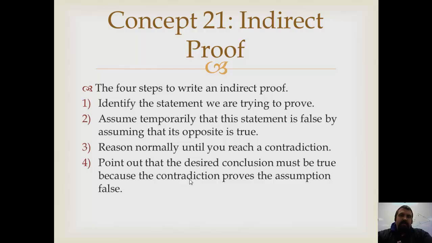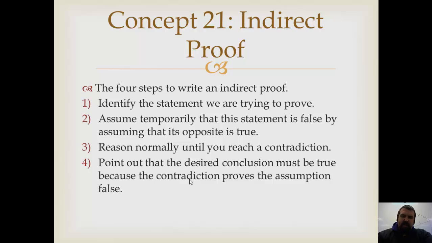You'll reason normally from that point on until you reach a contradiction. And once you reach that contradiction, you will point out that the desired conclusion must be true because the contradiction proves the assumption false. And if its opposite is false, then the original has to be true. That's kind of our reasoning here.